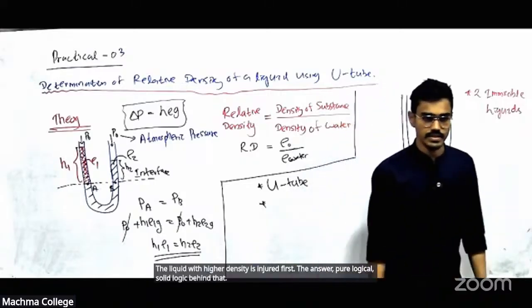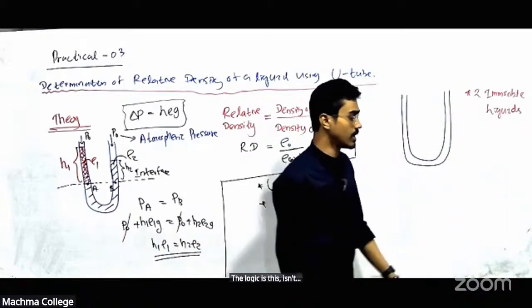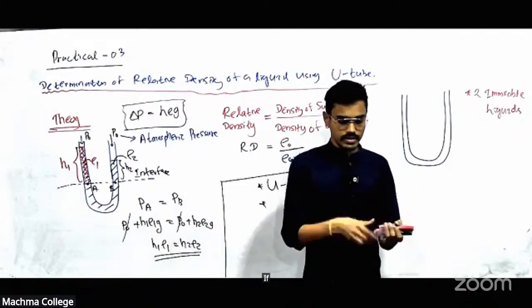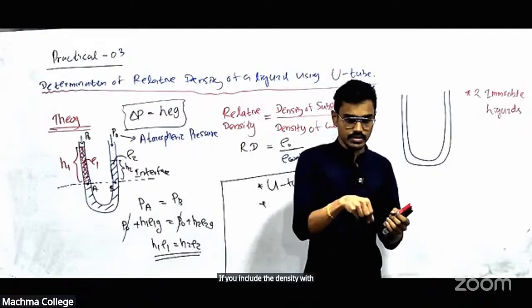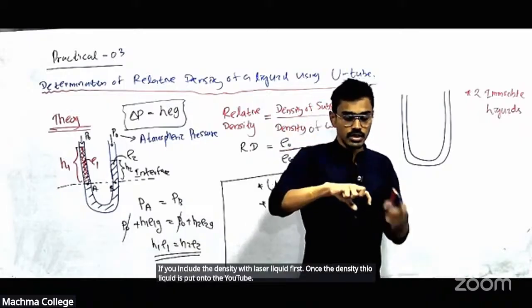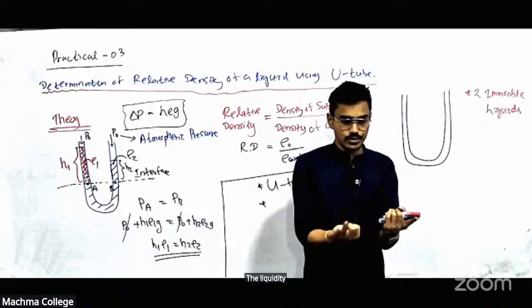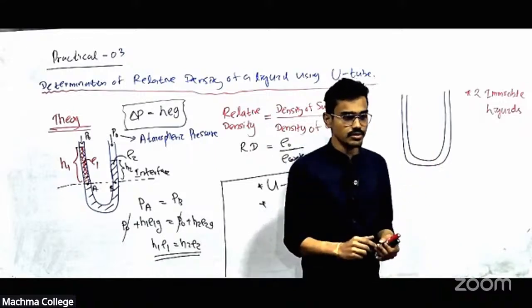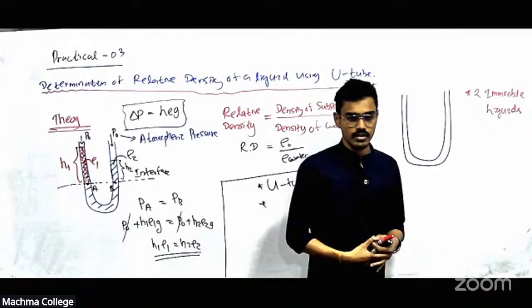The logic is this, listen. If you put the liquid with lesser density first, once the liquid with higher density is put into the U-tube, the liquid with lesser density spreads to both limbs of the U-tube. Got it?